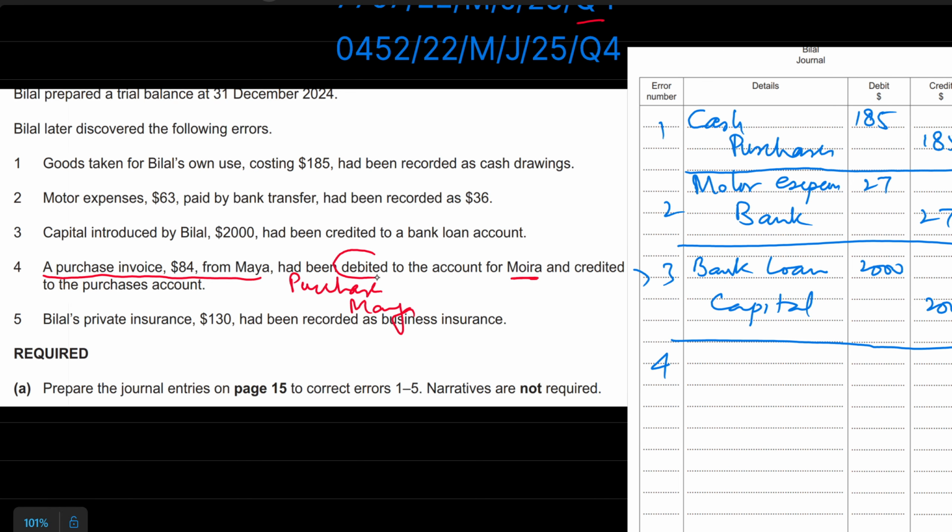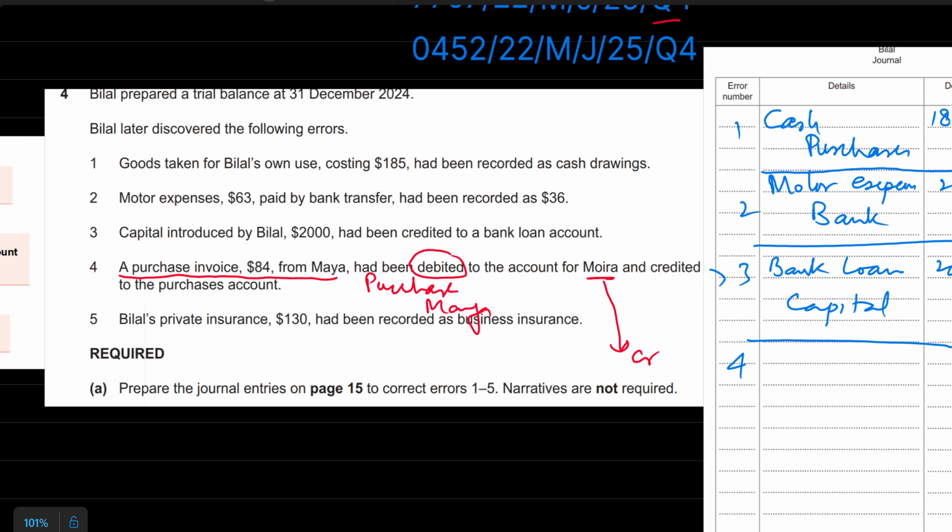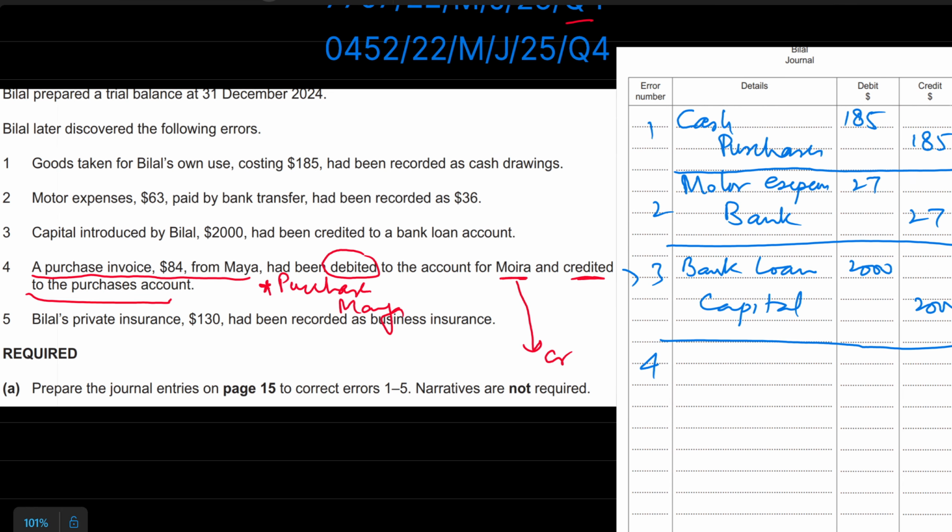Moreover, it was debited. So Moira is wrongly debited, so in correction we will record it on the credit. We had to make a debit entry in the purchases account, but it was credited to the purchases account.